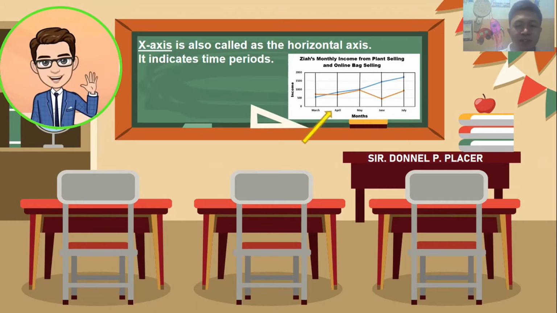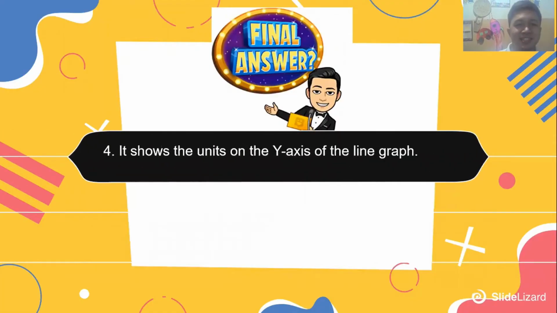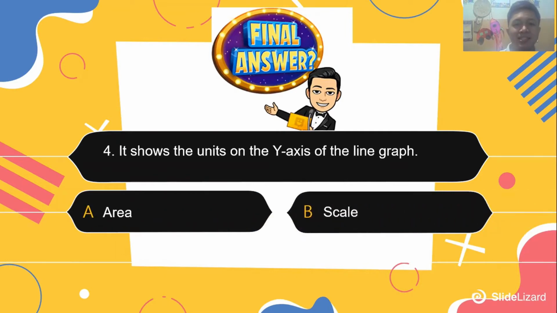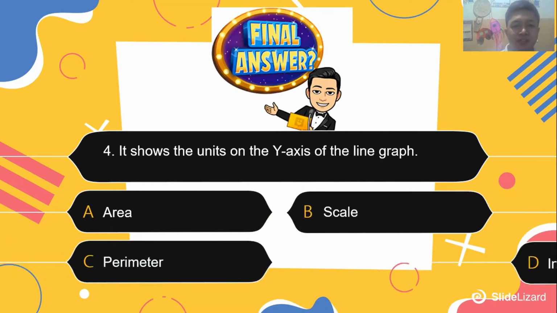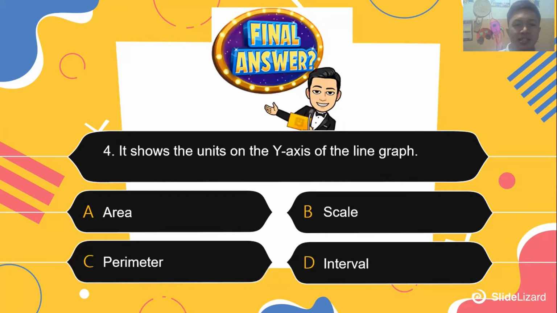And for our fourth question, it shows the units on the y-axis of the line graph. Is it letter A, area, B, scale, C, perimeter, or letter D, interval?